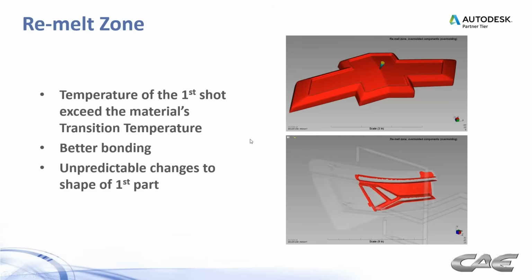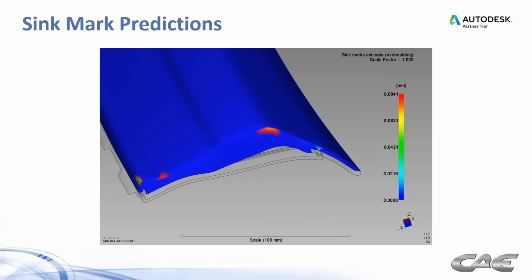So if you get excessive remelt, for example, let's say you've got an optical piece that you're molding, and the first shot melts too much, and then that can change the optical properties of that material. So this plot will help determine which areas are seeing remelt and which areas are not. And obviously you want that to be spread as evenly as you possibly can across the first shot where the 2 pieces meet.